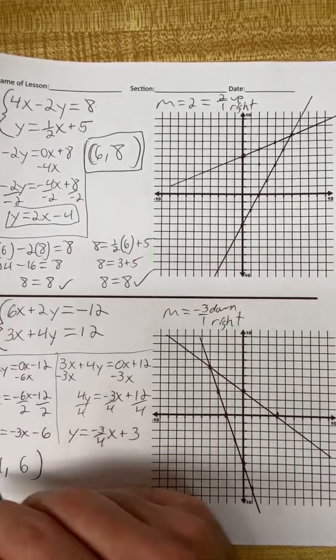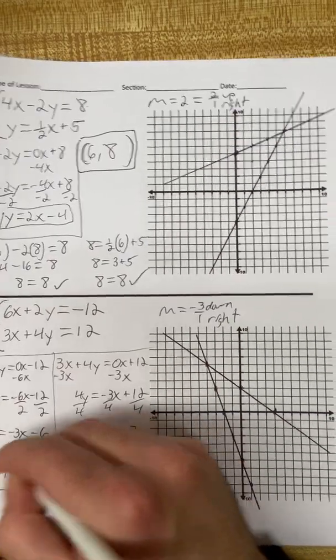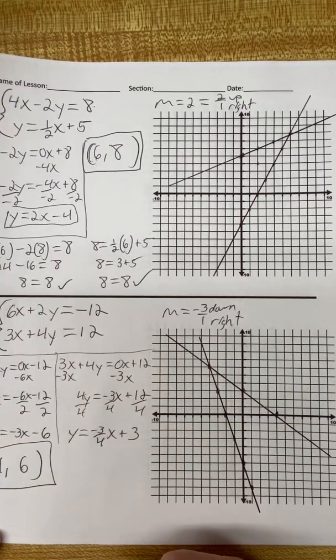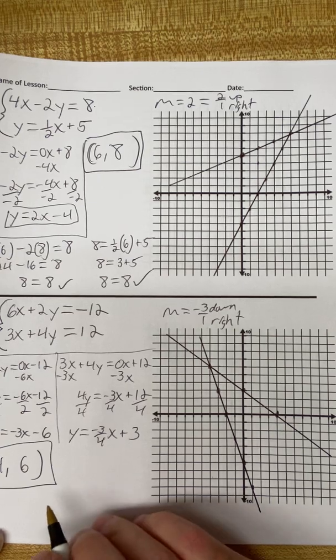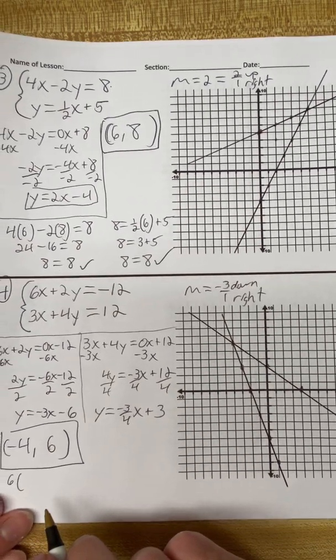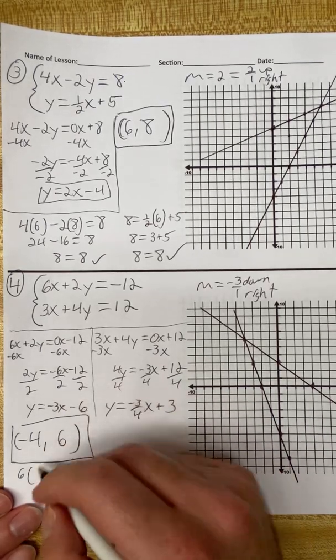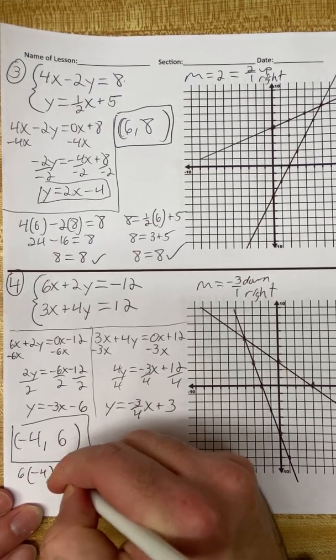If we're going to check our answers then, we're going to have 6 times negative 4. I would check it in the original, by the way.